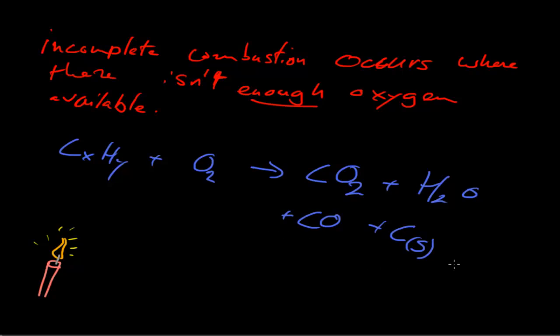In incomplete combustions, carbon dioxide does not necessarily have to be produced in the reaction. It's a possibility. Water must always be produced regardless, because the hydrogen must be placed somewhere. So a possibility of products would be either just carbon monoxide or just simply carbon. Very unlikely, but you could just have carbon monoxide.